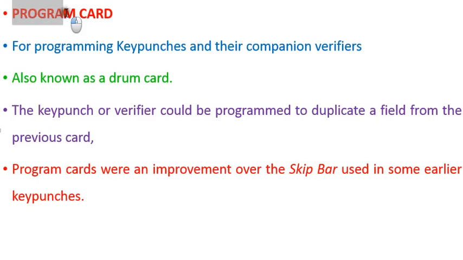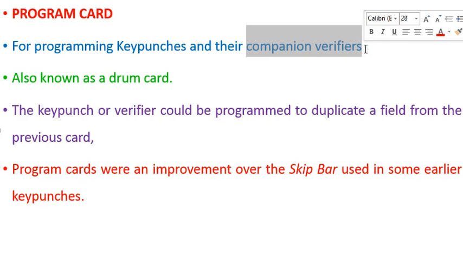Then the next thing under this central preparation equipment is what we call a program card. This program card is an advancement of the verifiers. It is used for automatic verification of the cards to make sure that what is punched on them is actually the information that is needed.